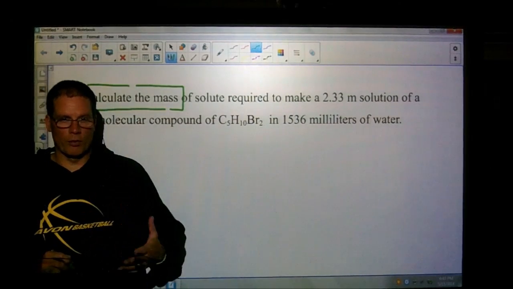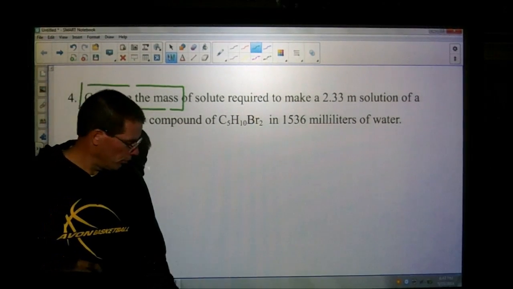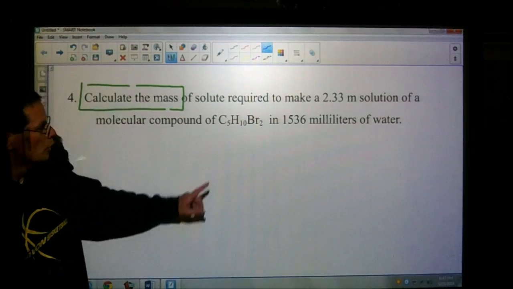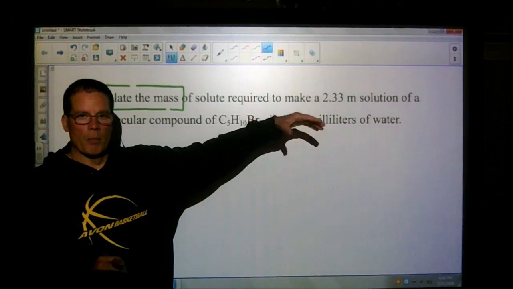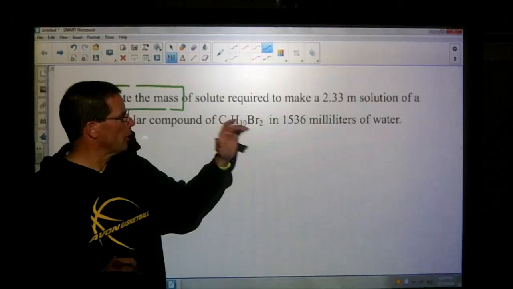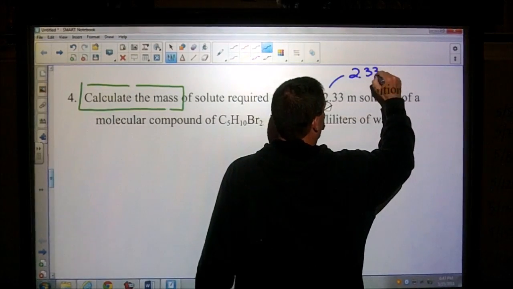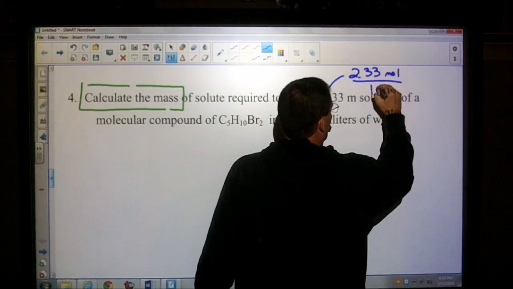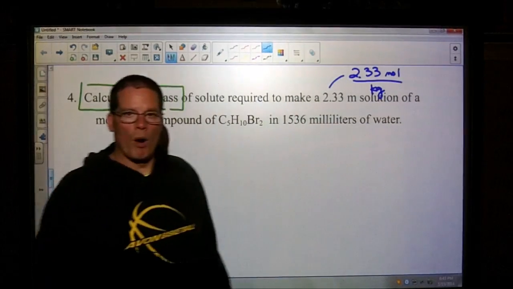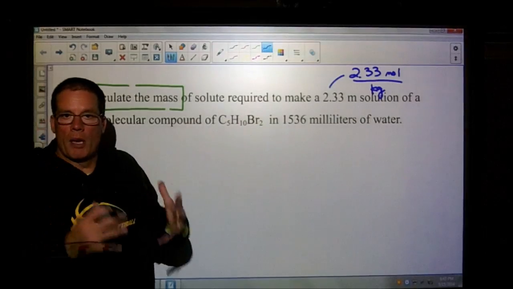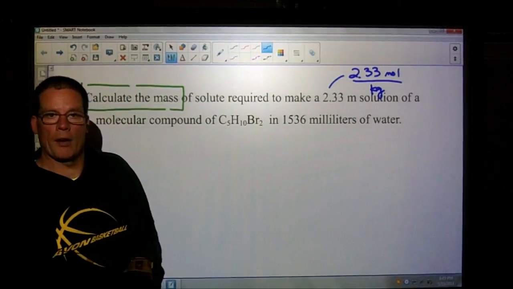This is just regular old dimensional analysis. So start with your water amount, whether it's a mass or milliliters, because the 2.33 molal simply means that we have 2.33 moles for every kilogram of water. So we need to know how many kilograms of water we actually have.